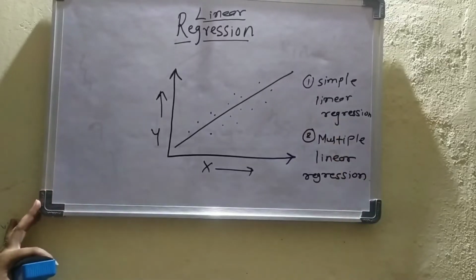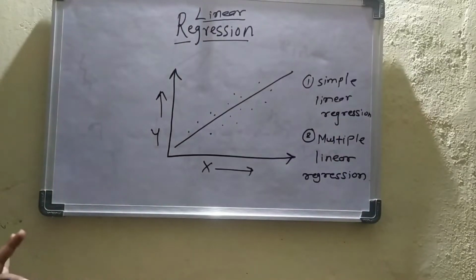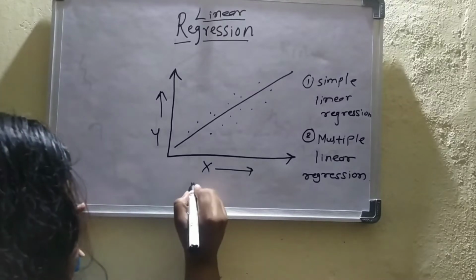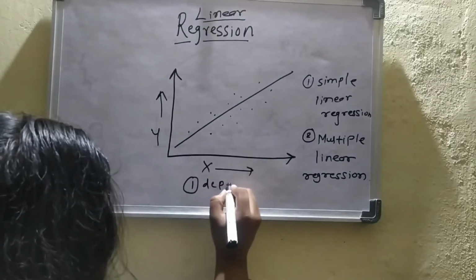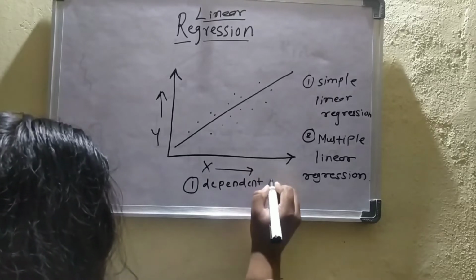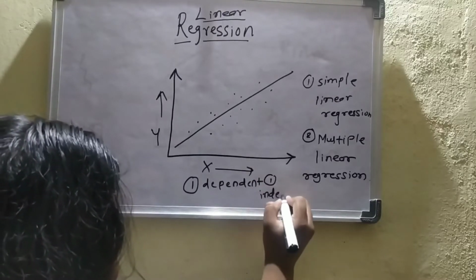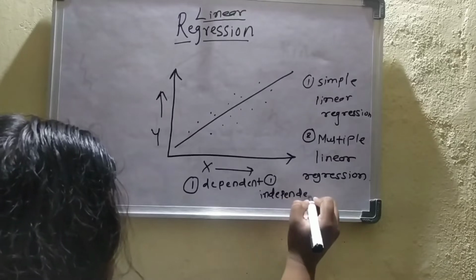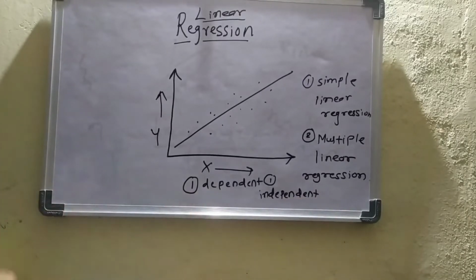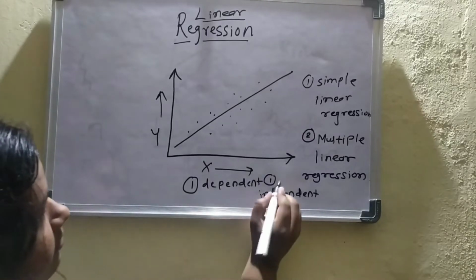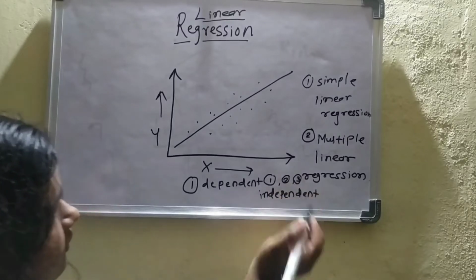In simple linear regression, there is one dependent variable and one independent variable. But in multiple linear regression there is one dependent variable but there are multiple independent variables.